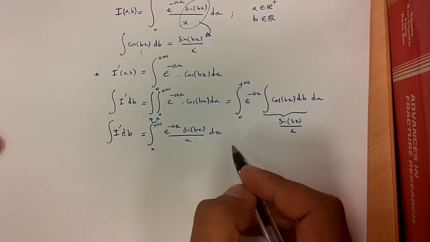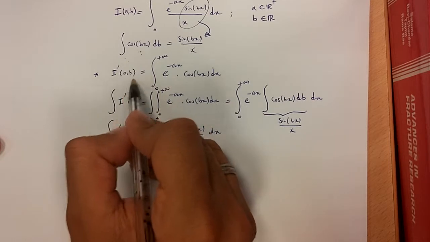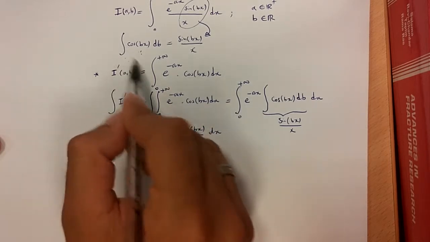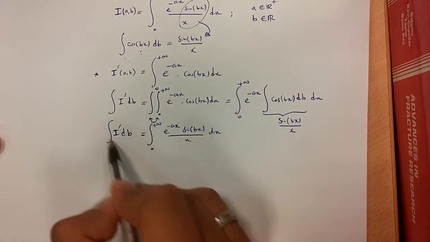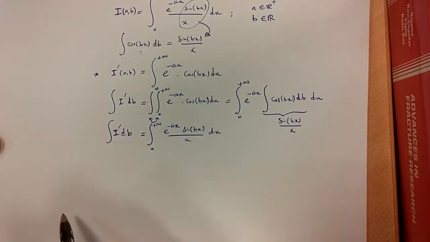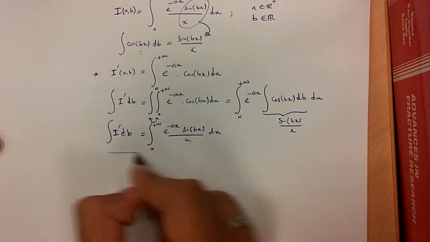So the question is now whether we can determine I prime and after that this integral. We have a two-step problem.